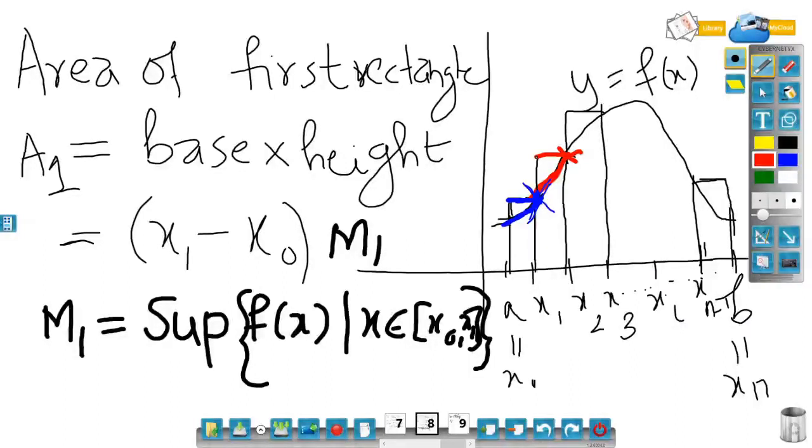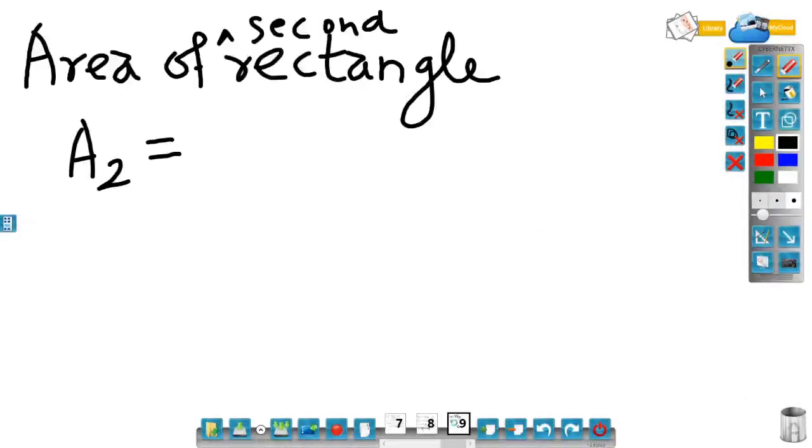Now in this case you will realize that the graph is increasing. Suppose I take some other rectangle somewhere. Let me complete this A2 and then we will talk about the general case.